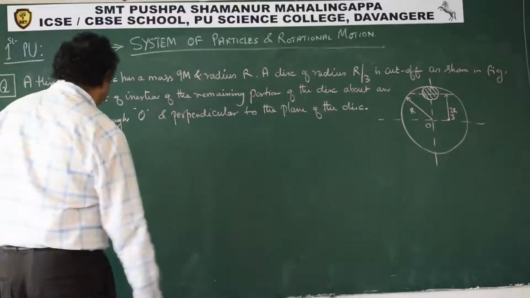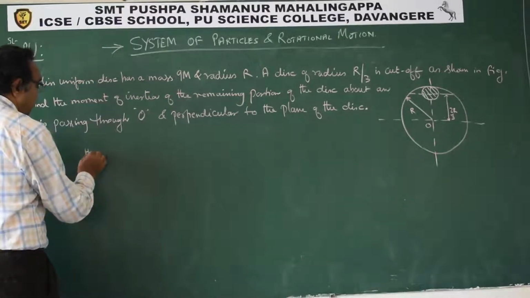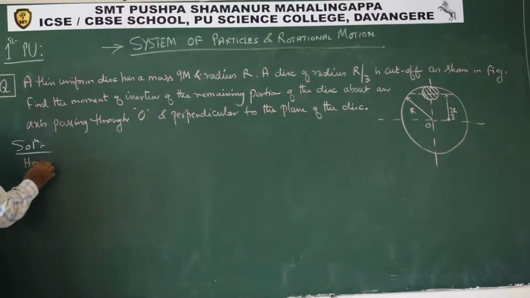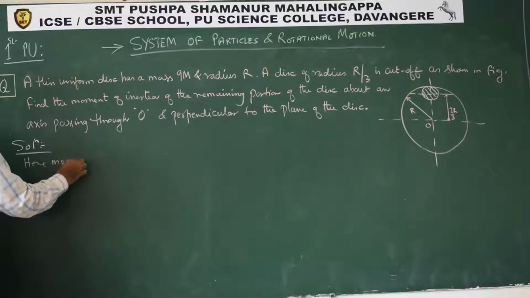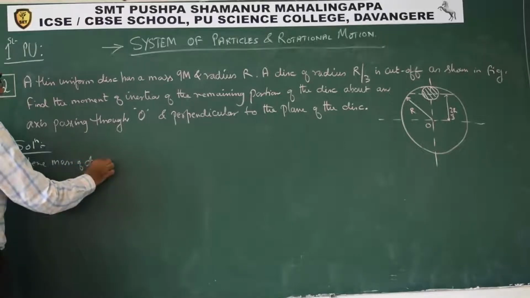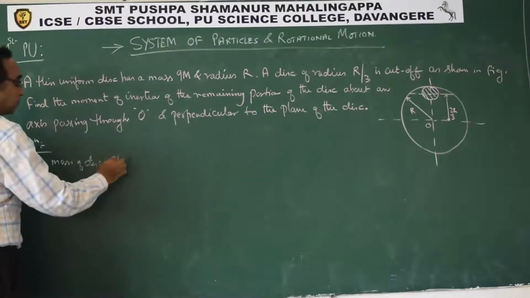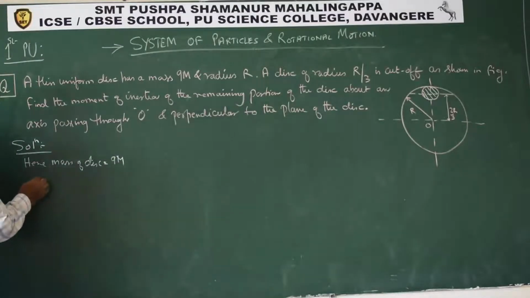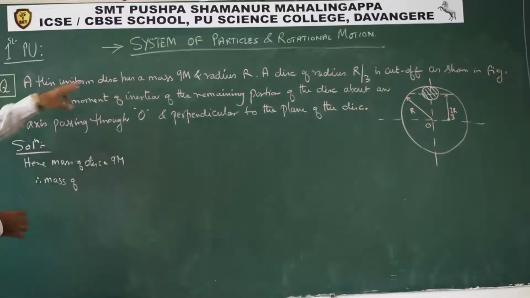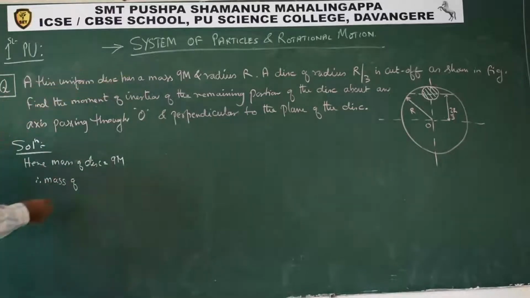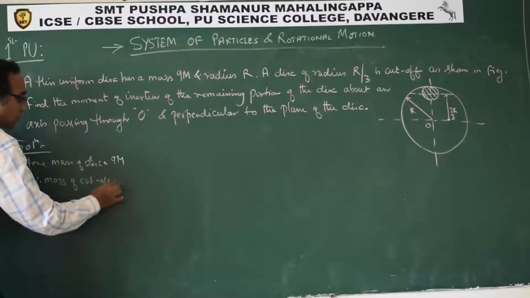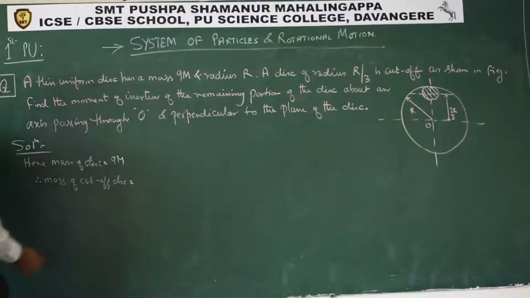Very important. So here what we can say, the mass of the disk is given as 9m. So therefore the mass of the cut-off disk, how do we find it?